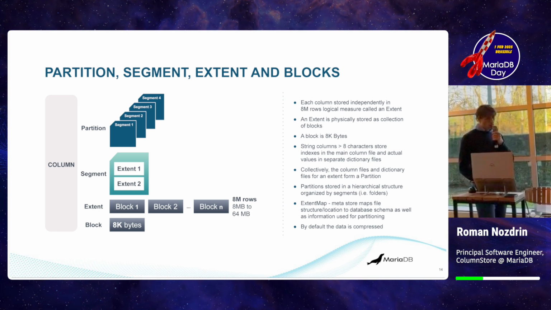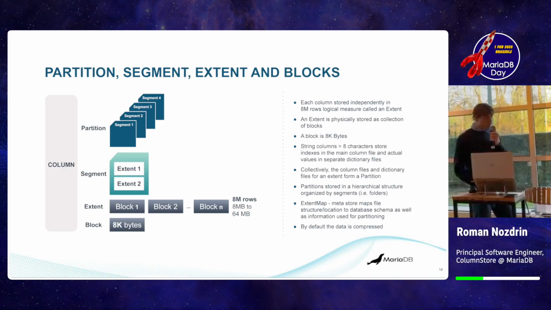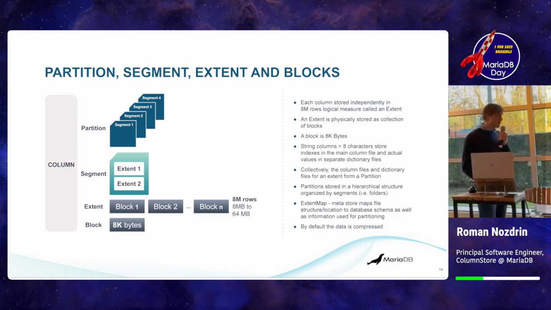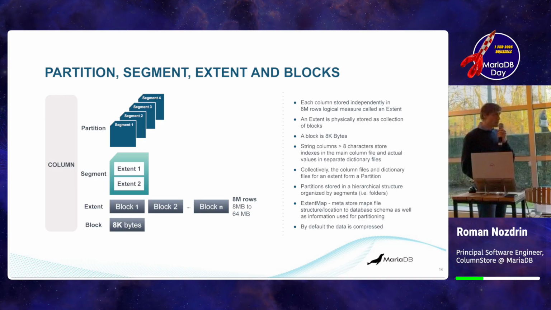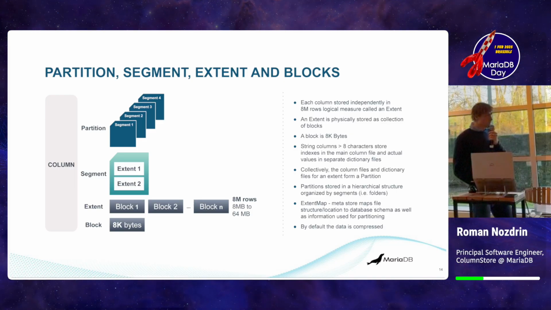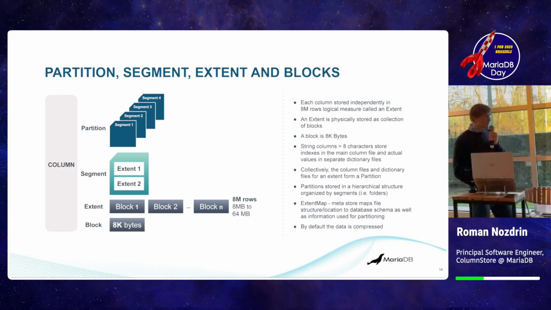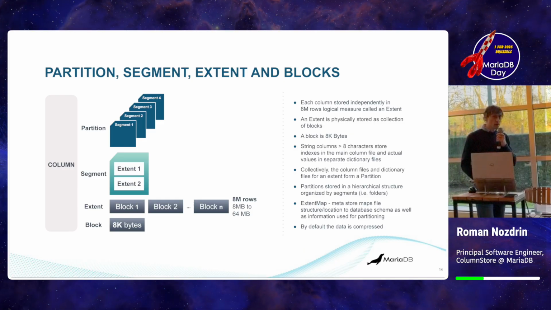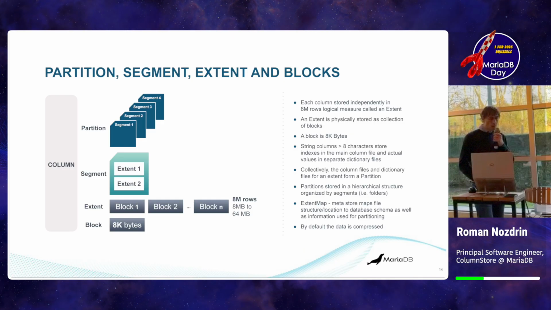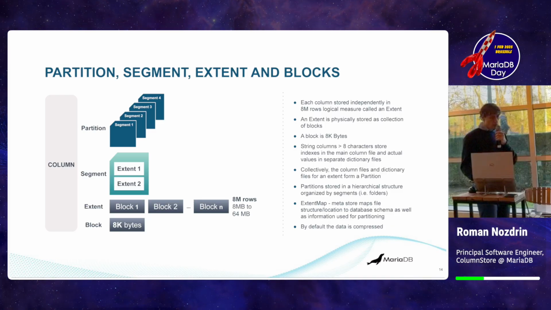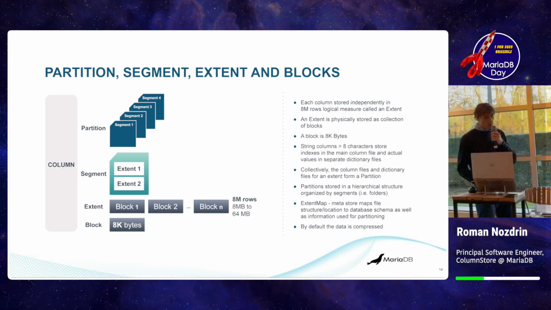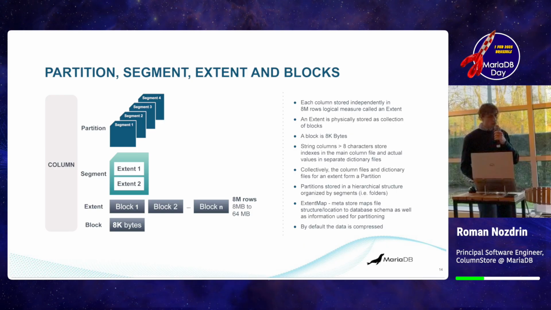On the very low level, there are blocks, and the blocks are basically a bunch of data that is 8 kilobytes. These blocks are organized into logical units called extents. That is roughly 8 million records. And these extents together produce a so-called segment file.